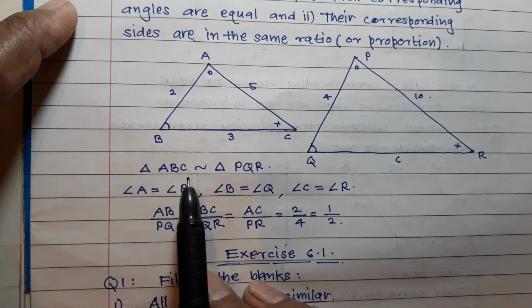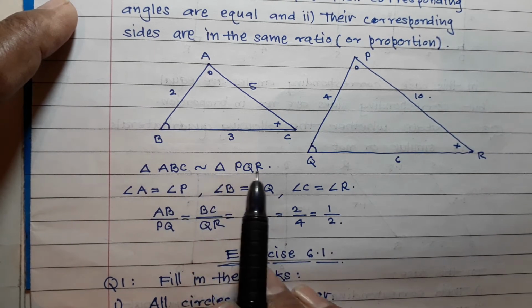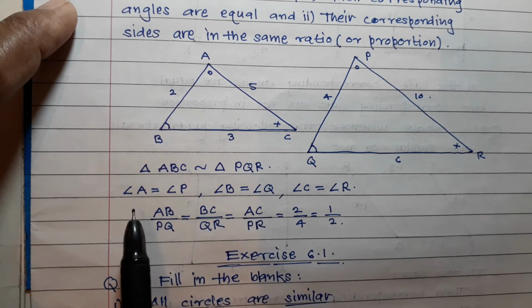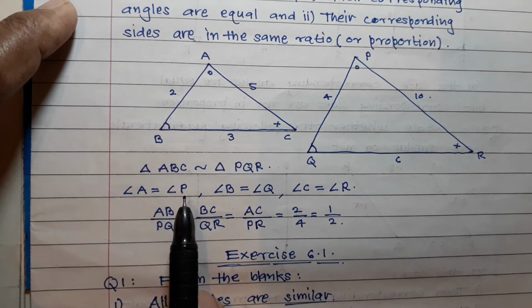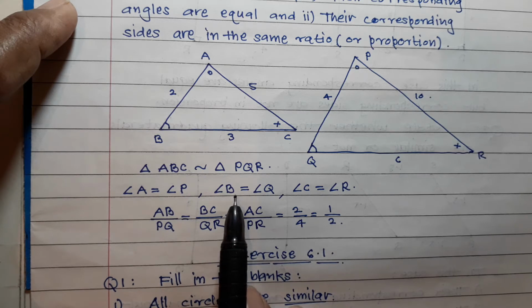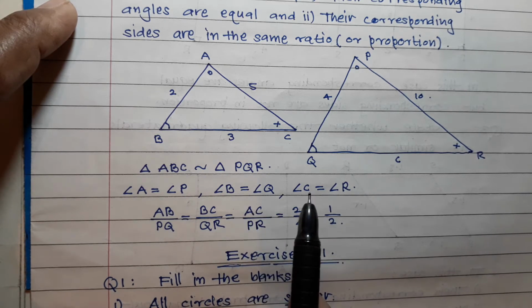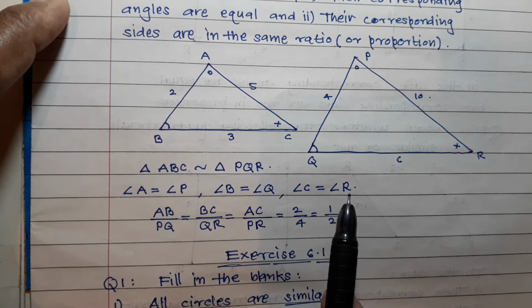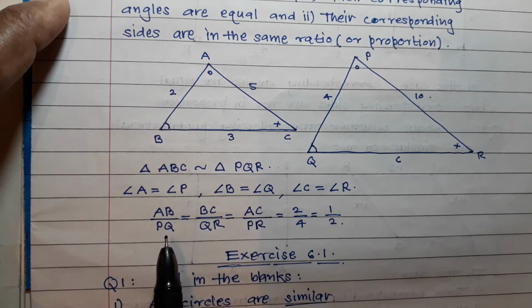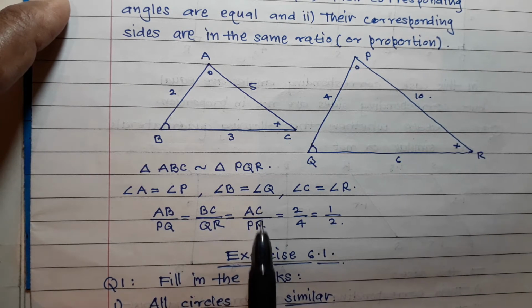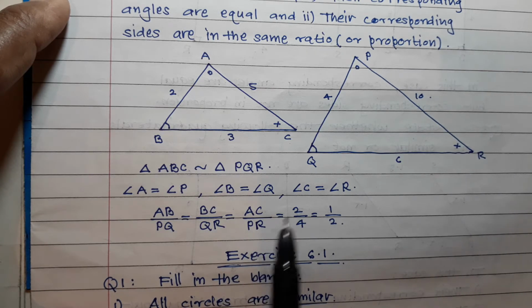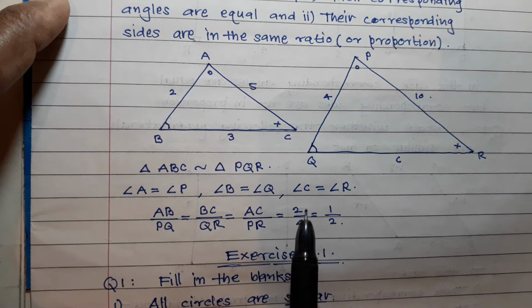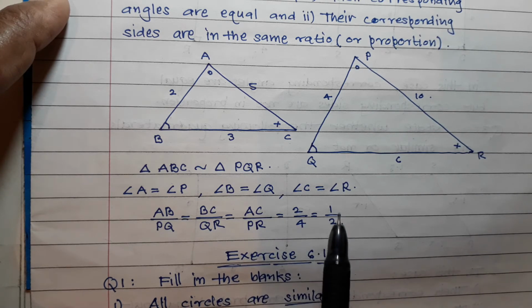So triangle ABC similar to triangle PQR, then angle A is equal to angle P, angle B is equal to angle Q, angle C is equal to angle R, AB upon PQ is equal to BC upon QR is equal to AC upon PR. Okay, now in this case it is equal to 2 upon 4 is equal to 1 upon 2.